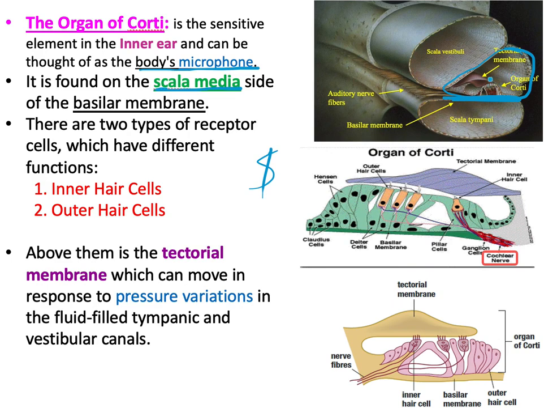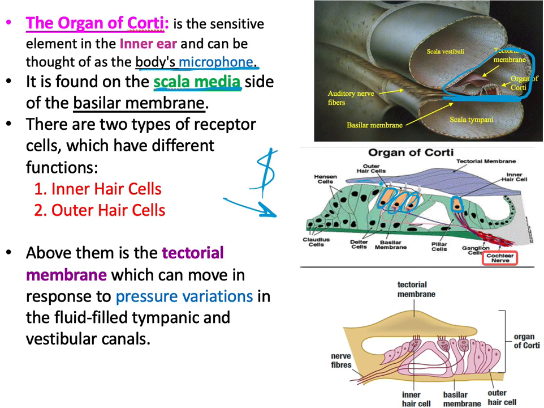There are two types of receptor cells, because we said we have hair cells. You have the inner hair cells and the outer hair cells, and it contains 4 rows of hair cells which protrude from its surface. Inner and outer is mostly physiology, but anyway.